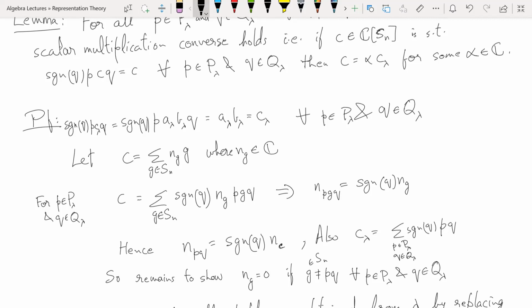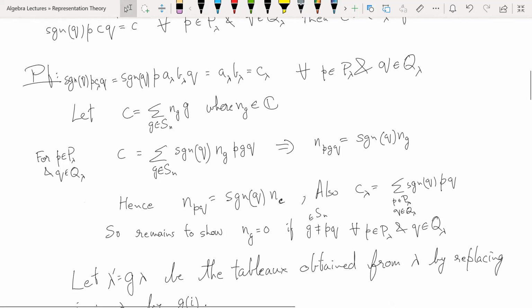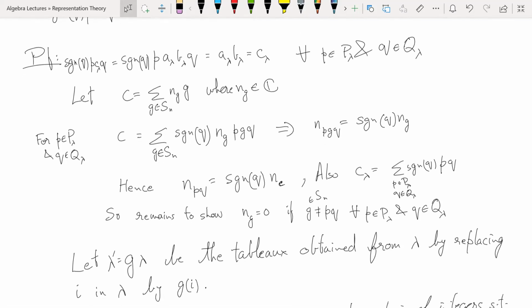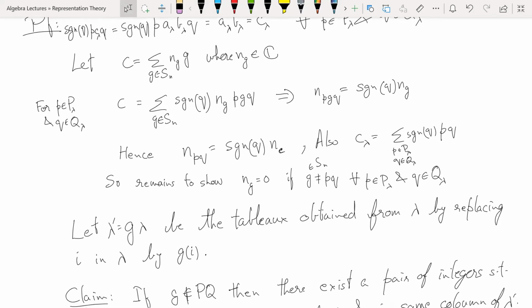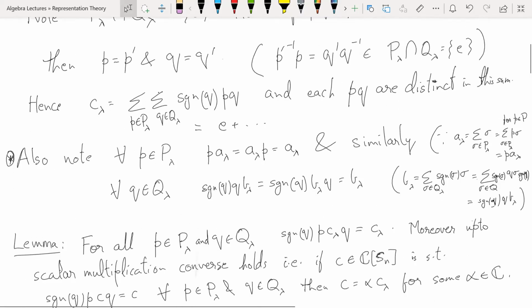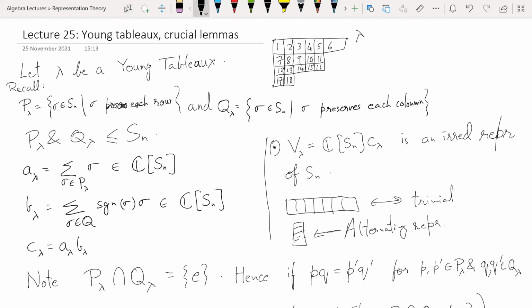So now we will show that n_g is indeed 0. First we consider another tableau which will be useful. Let lambda prime be another tableau called g times lambda. What we do is we just permute the entries. If lambda is something like this, we just permute the entries of this by g.